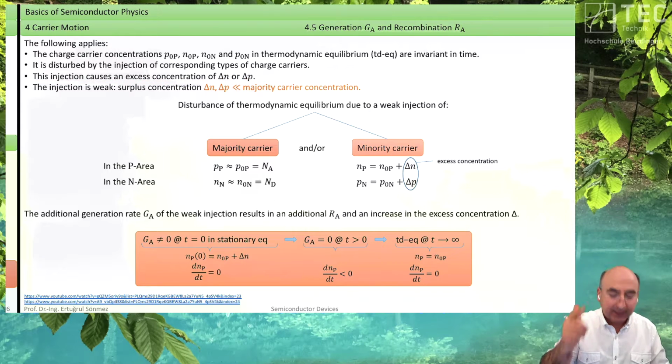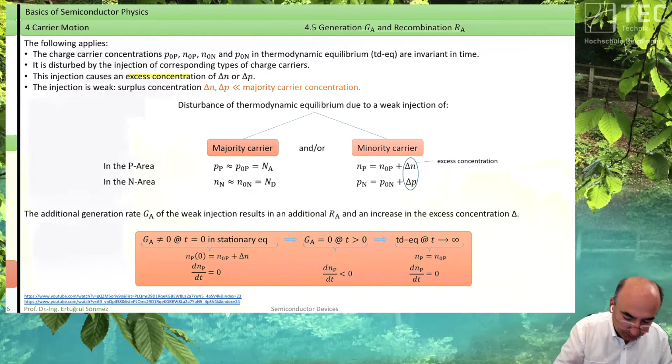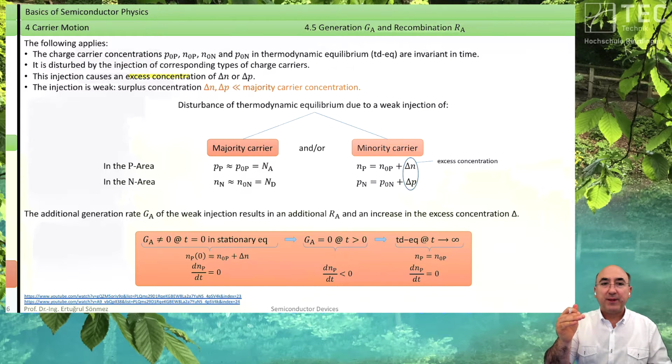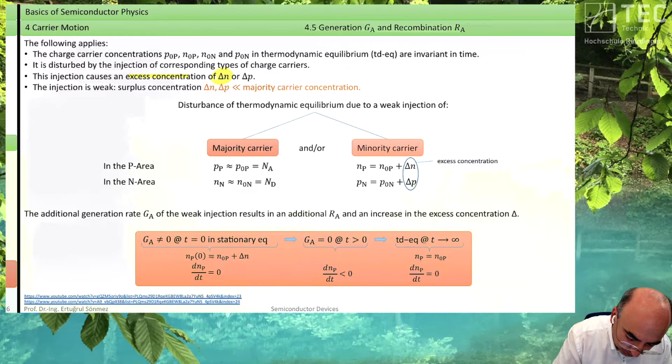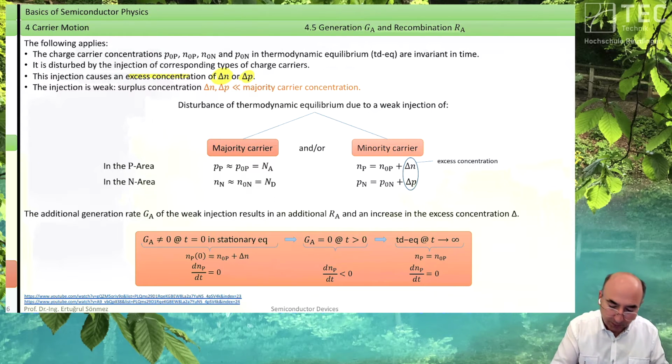What does an excess concentration mean? It means you have additional charge carriers there, which is above the equilibrium level. This additional value in concentration is the excess concentration. It's called the delta concentration. So please track these deltas. If you have a delta, you have disturbed the equilibrium you had before.